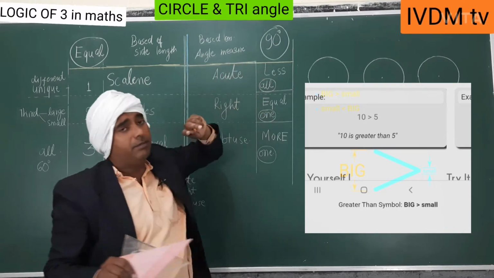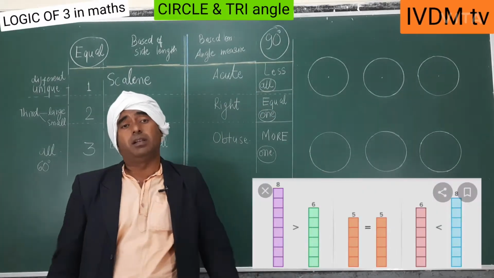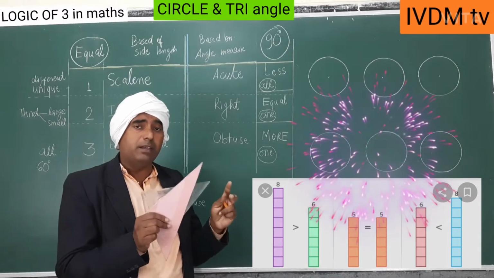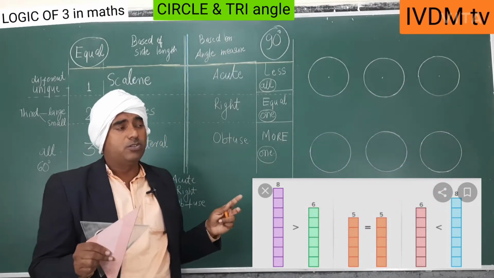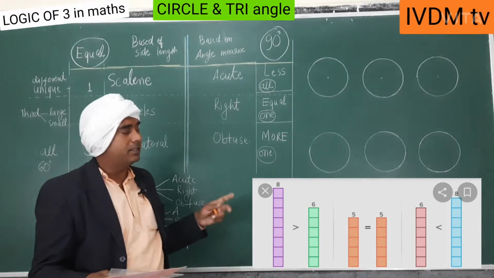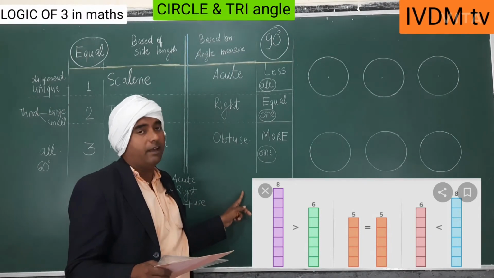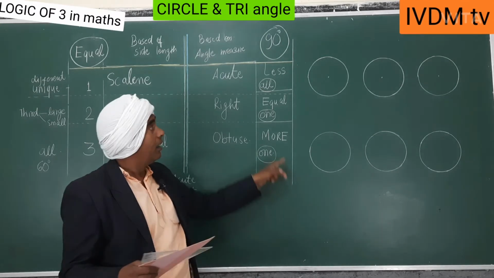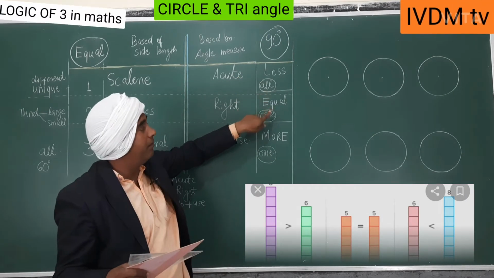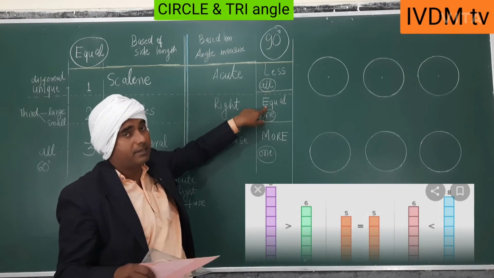Three chances are very usual in our daily life. Suppose two cricket teams are playing a match, so three conditions are there. It may happen that team A will have more runs than team B, either it will be more, either it will be less, or both teams will make equal runs.